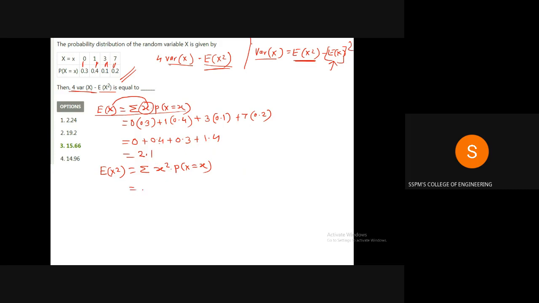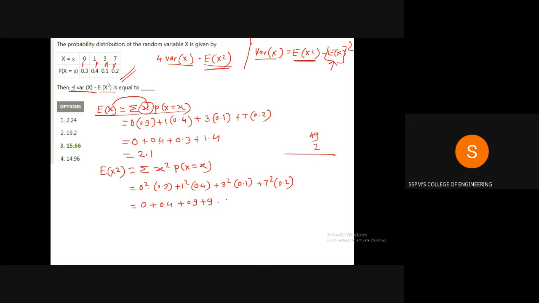So 0 square into 0.3 plus 1 square into 0.4 plus 3 square into 0.1 plus 7 square into 0.2. So this will be 0 plus 0.4 plus, 3 square is 9, 9 into 0.1 is 0.9, plus 7 square is 49, 49 into 2 is 98, which means 9.8.